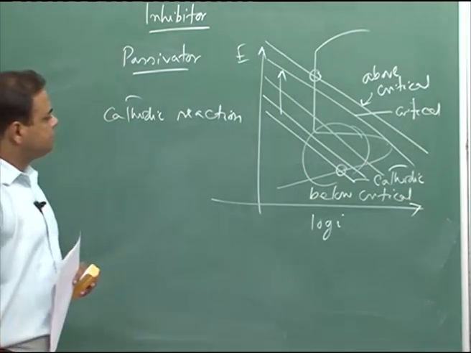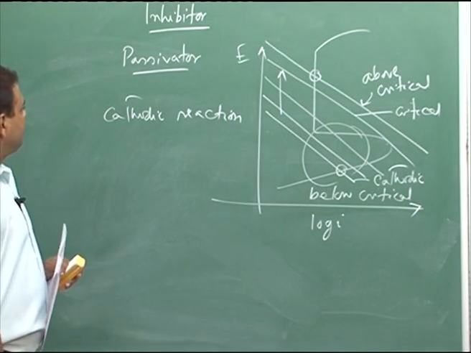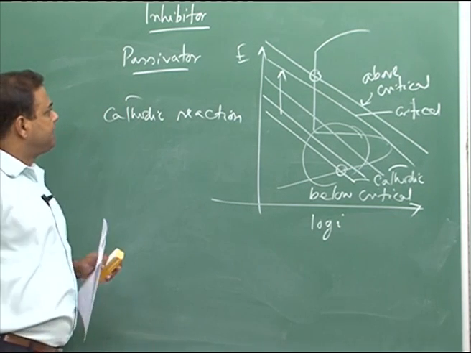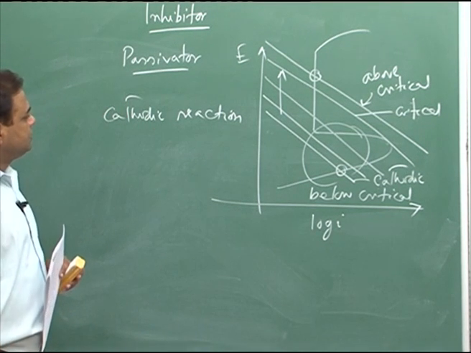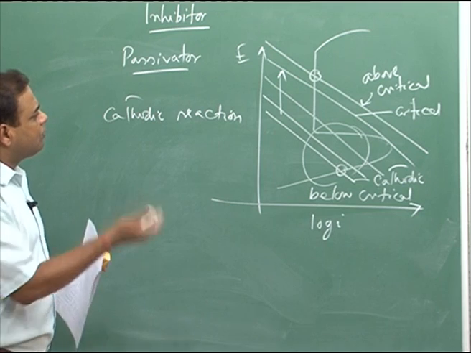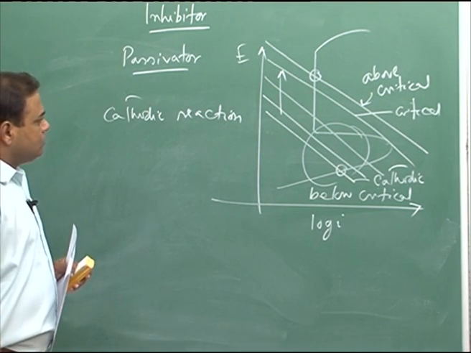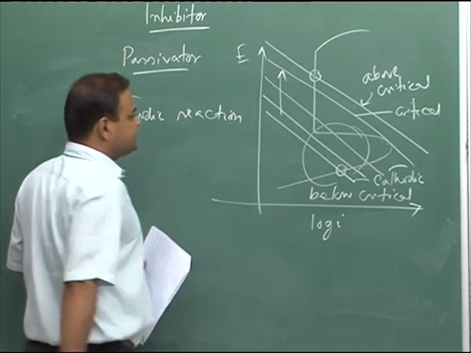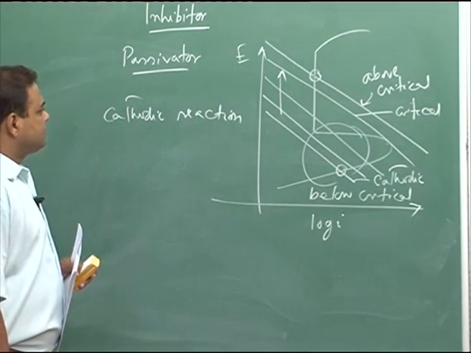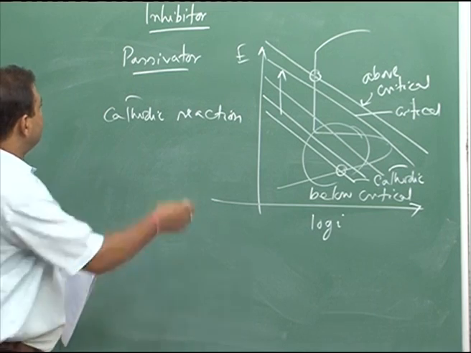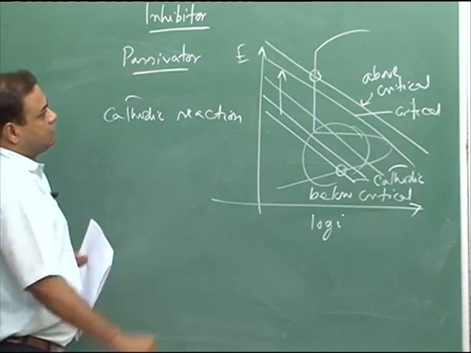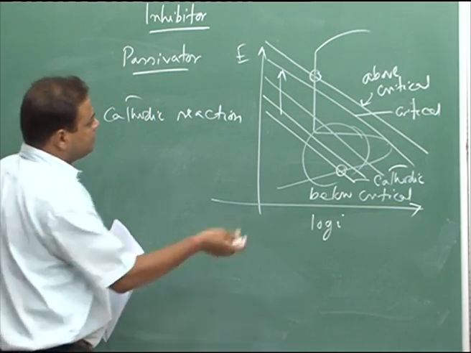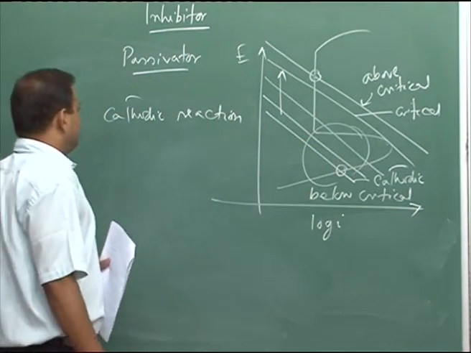So, the amount of passivator type inhibitor should be above the critical value in order to maintain this passive layer, passive current density. Always the amount of this passivating inhibitor should be above the critical value.